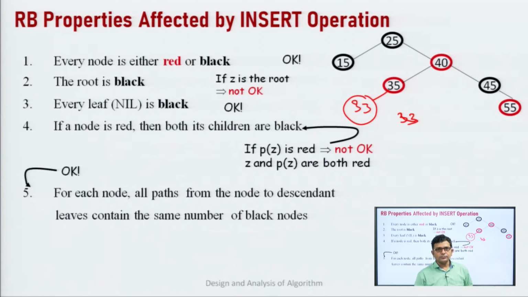Now the fifth property: since we are adding a red node, it is not violated, because the number of black nodes in any path does not change. Now let us see how we resolve these violations.